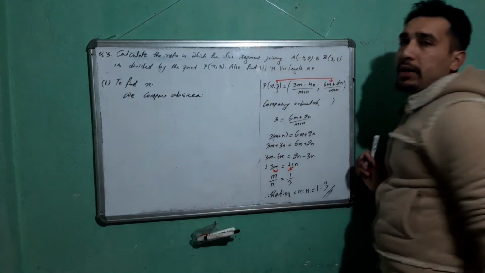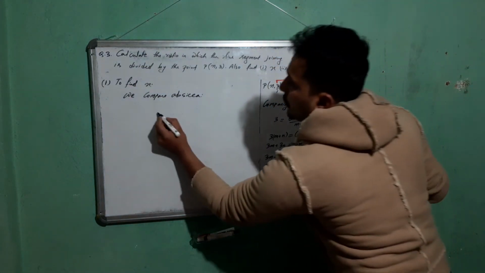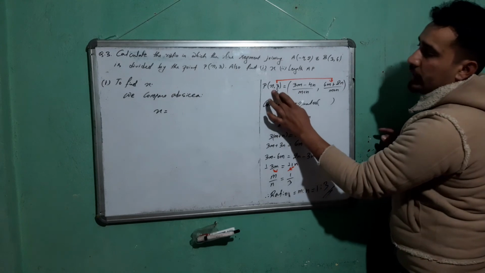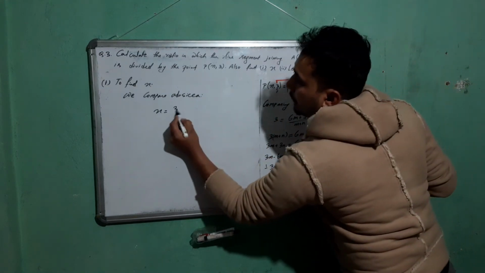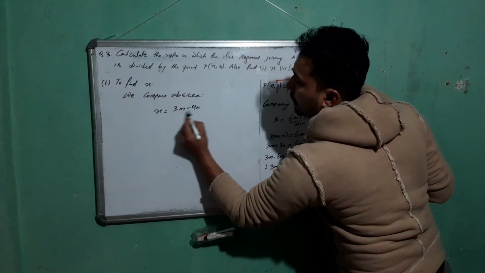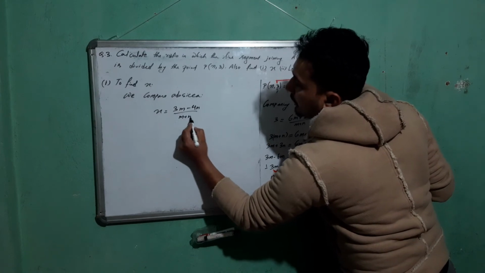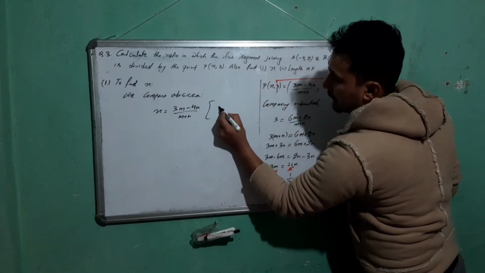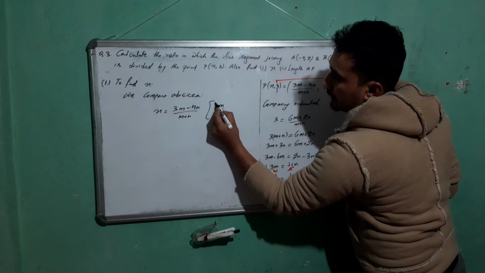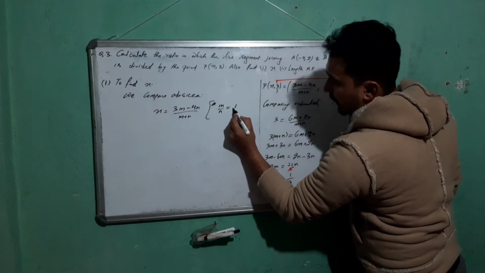Abscissa means value of x. So x is equal to this part, (3m minus 4n) upon (m plus n). So the ratio m upon n is equal to 1 by 3.